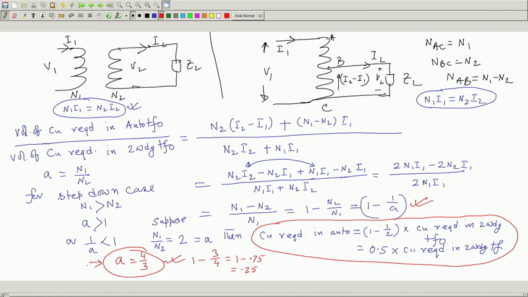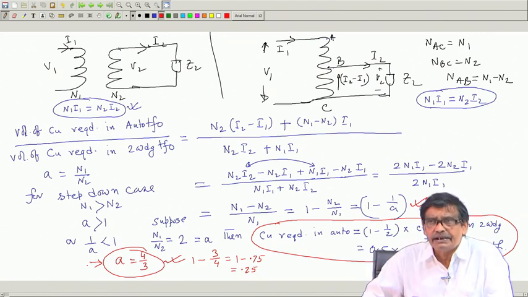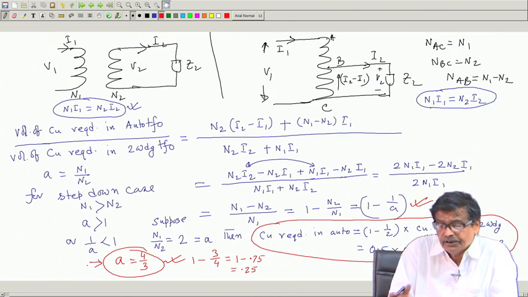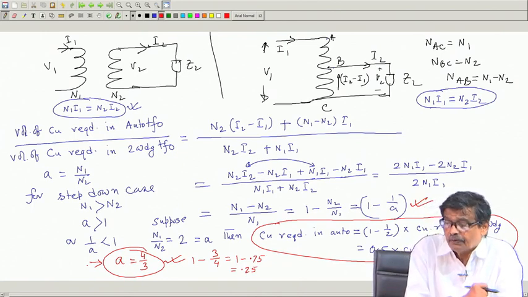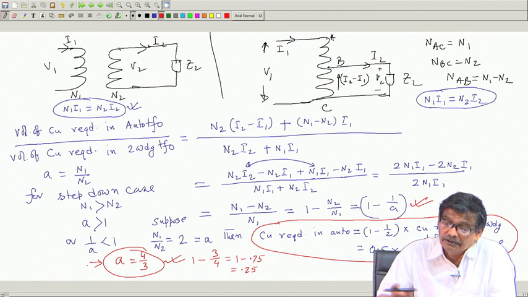So, if that be the case, then wherever you require a transformation of voltage, two candidates are there. You can choose a two winding transformer or an AutoTransformer.